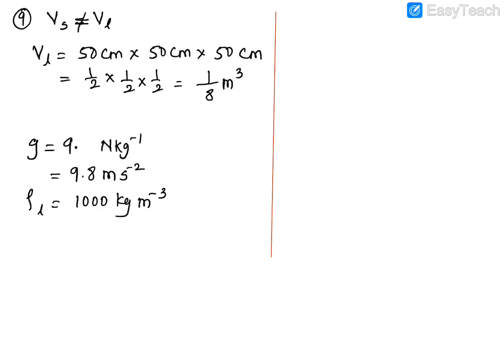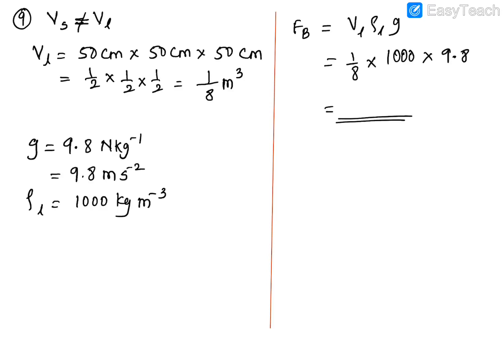Upthrust is equal to V rho G. Volume is 1/8, density of liquid 1000, gravity is 9.8. You'll multiply all of them and you get the answer 1225.